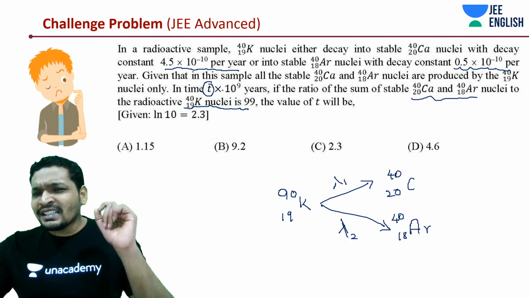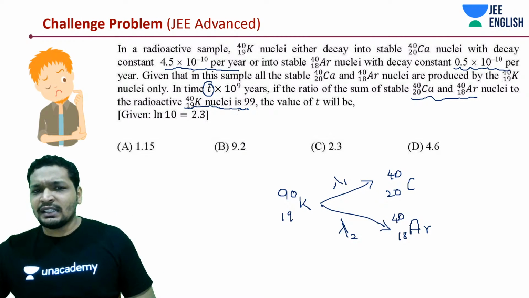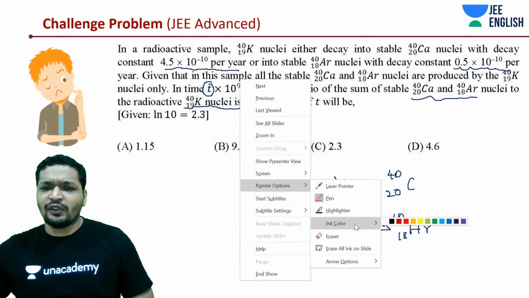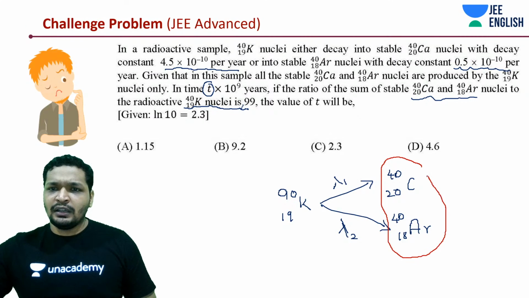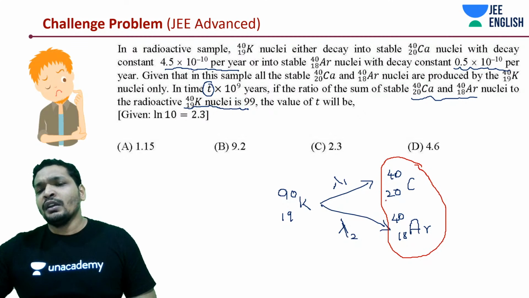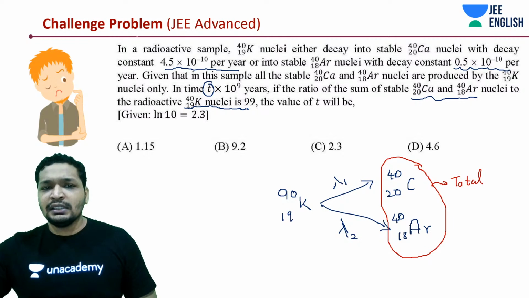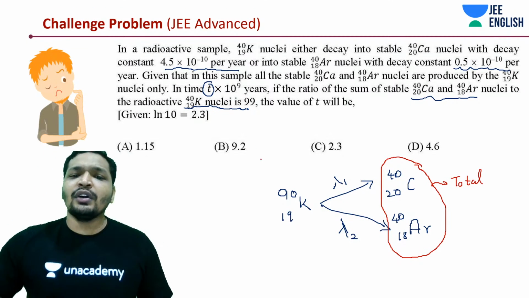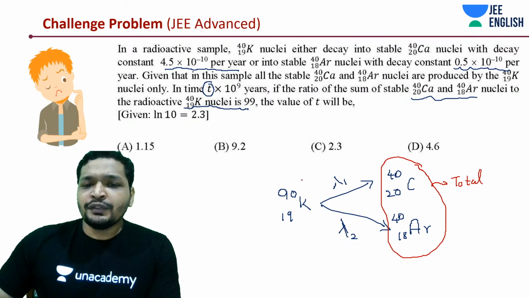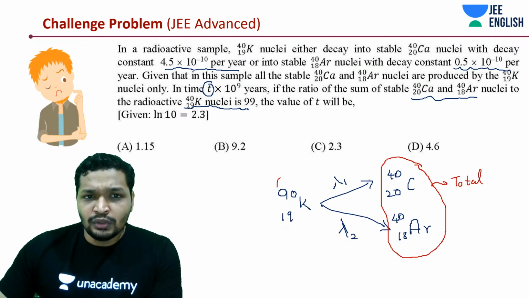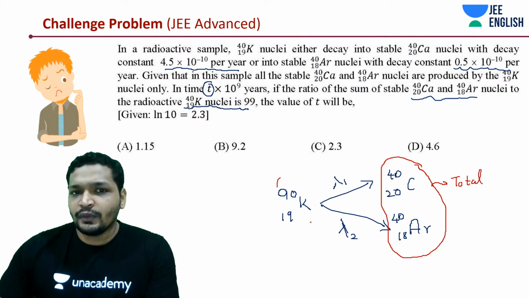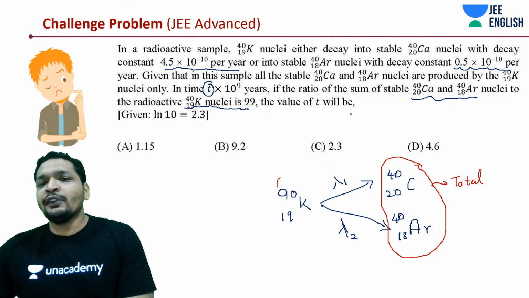So this is the total that you have got from that radioactive reaction, and after t into 10 to the power 9 years, you observe that the ratio of this to this is 99. Then what is the value of t?